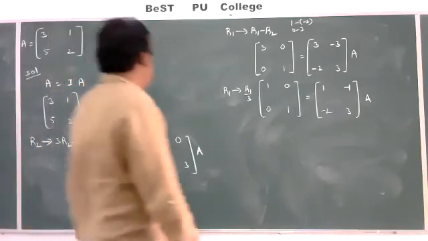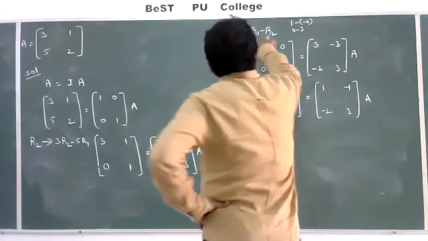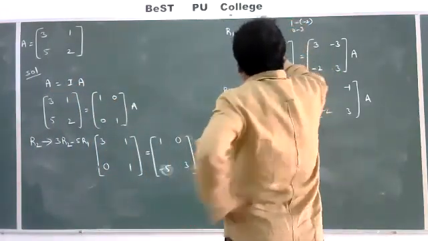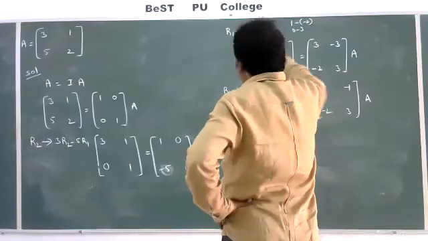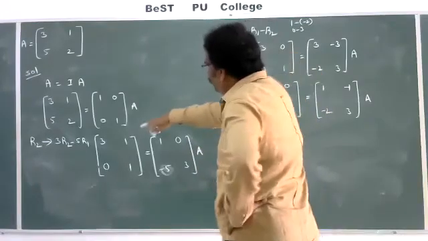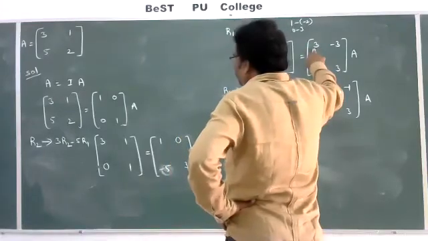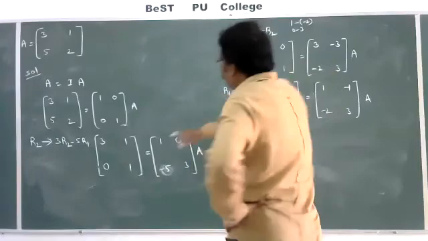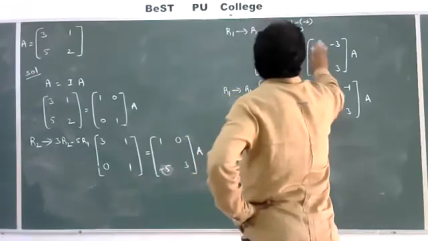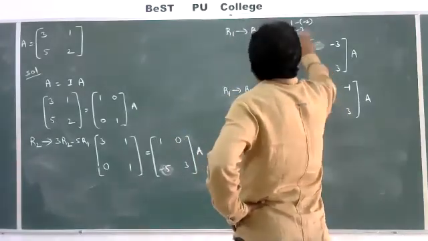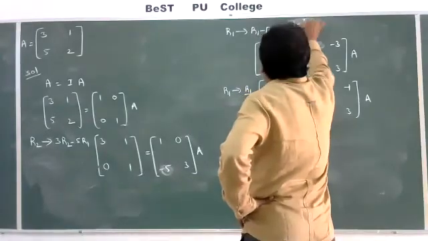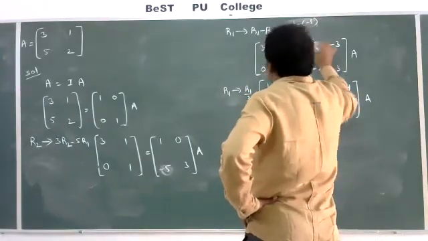Next here, R1 goes to R1 minus R2. Then you get 3 minus 0, 3, 0, 1 minus 1, 0, 0, 1 same. Here, 3, 1 minus of minus 5, 6. 1 minus of minus 5, that is 6.